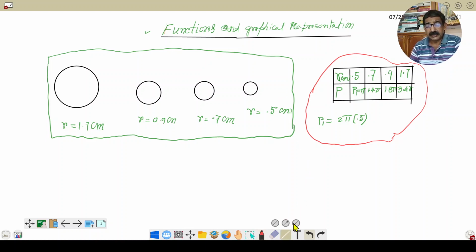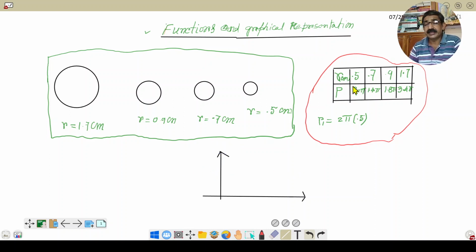Now, the same information I am giving. Suppose you have already studied the graph. This is x-axis according to your conception, and this is y-axis according to your conception.